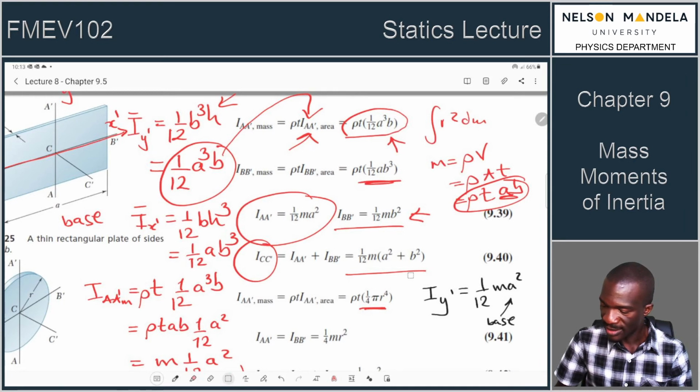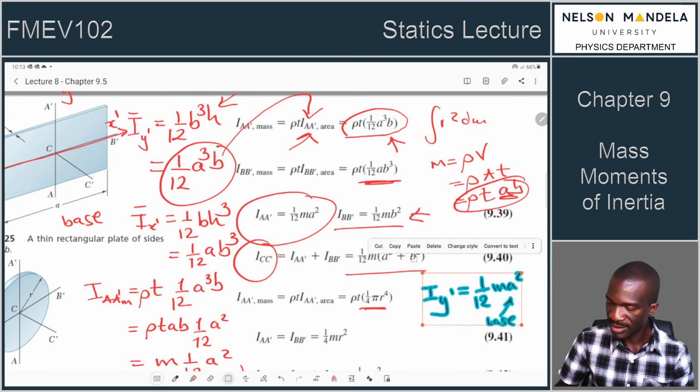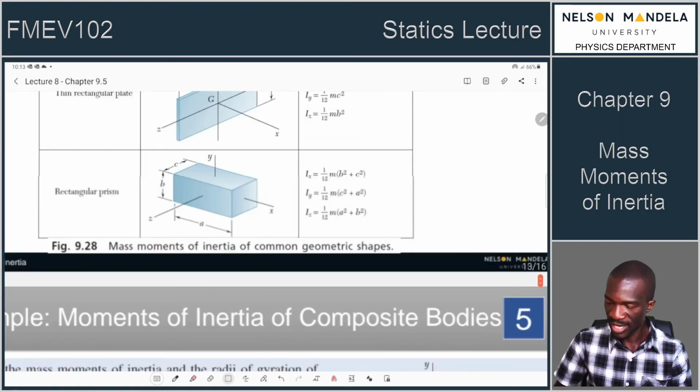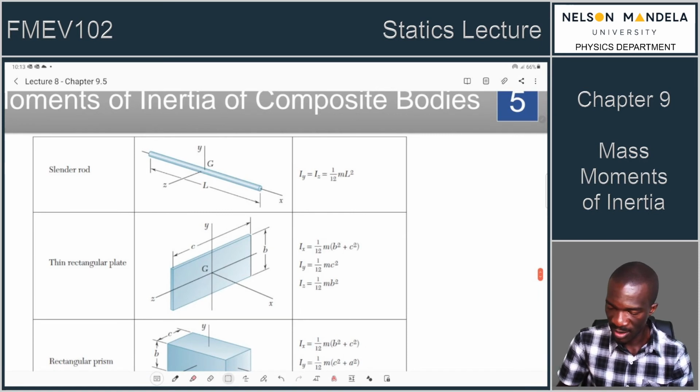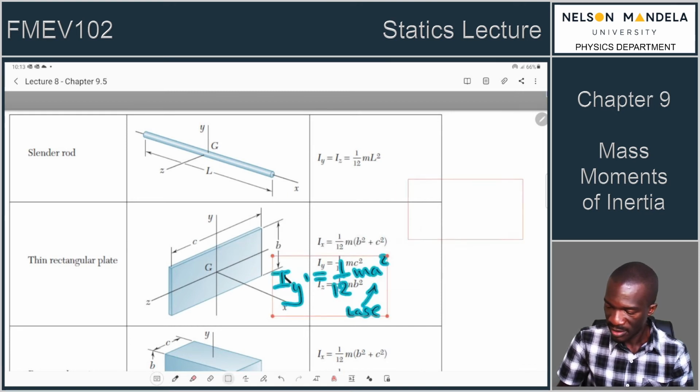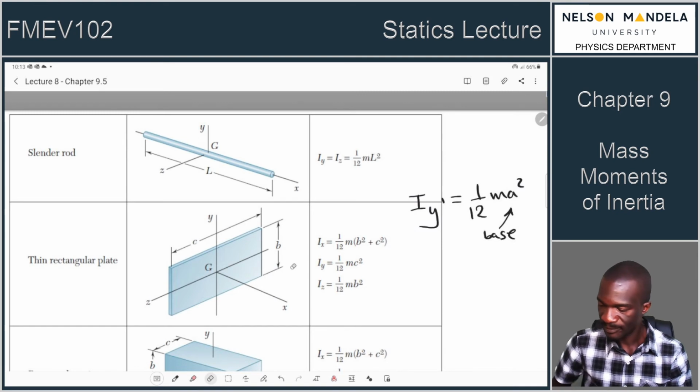So let's just take this result and see if downstairs it makes sense according to those tables. So here we have it. Our thin rectangular plate has a base c. So I'll just paste this result from what we had before. So they said I about the y.